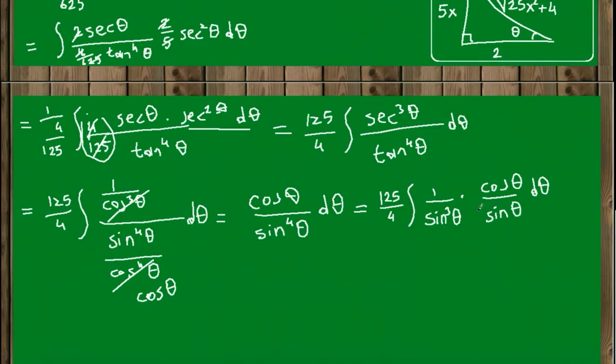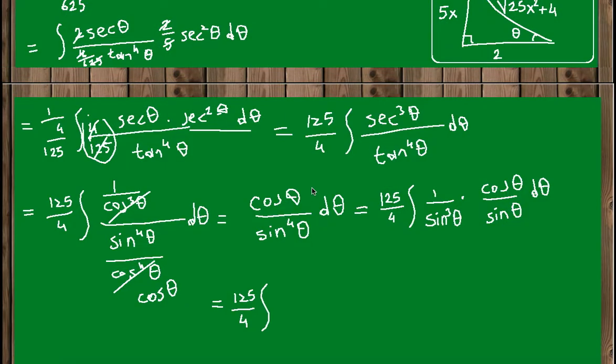We have 4 factors of sine in the bottom, and we have 1 factor of cosine on top. One over sine is cosecant, so it's going to be cosecant cube theta, and cosine over sine is cotangent.